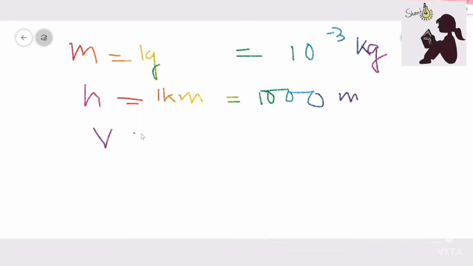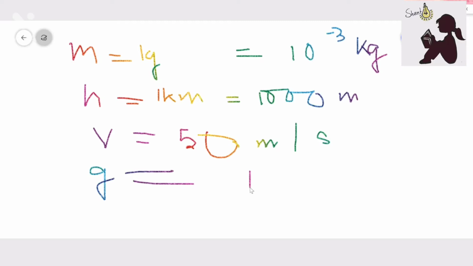The velocity is given 50 meter per second, and the value of acceleration due to gravity is constant, that is 10 meter per second square.